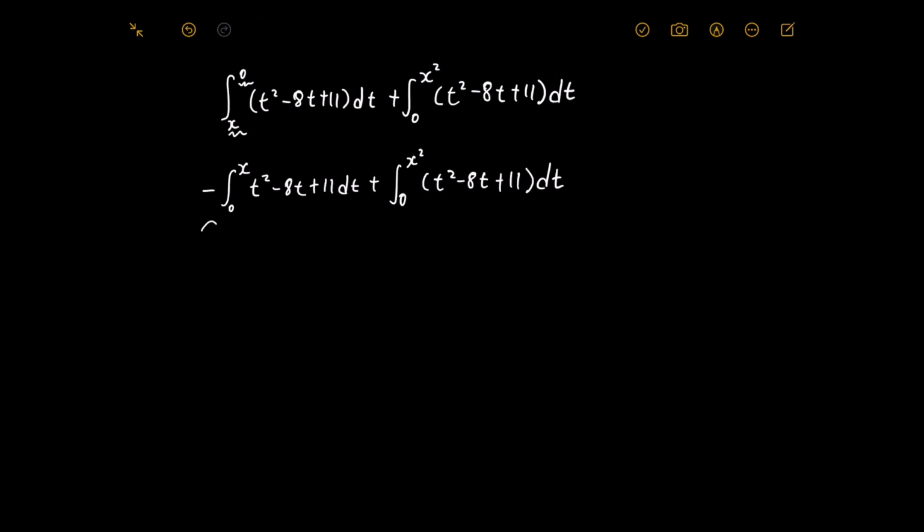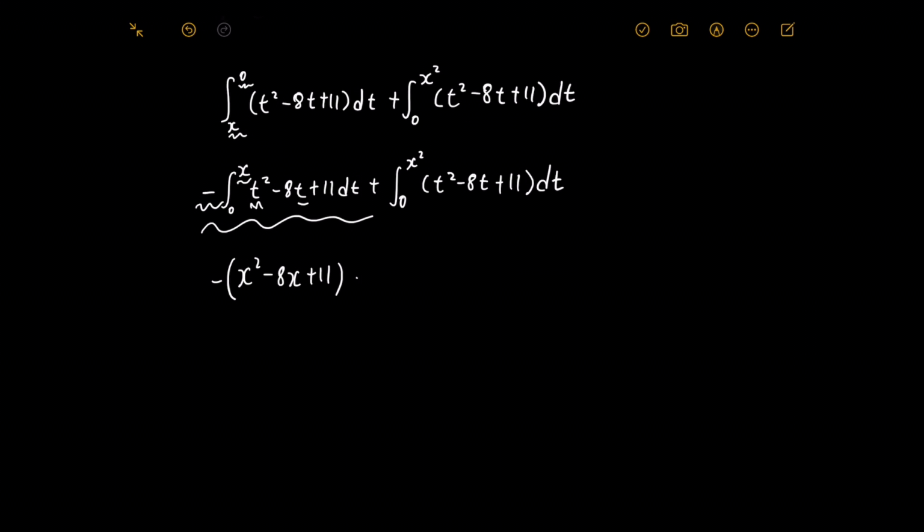Just as before, for these parts, we can simply replace the t with x. That is x squared minus 8x plus 11. But we have a negative sign here, so we have to multiply by a negative sign. And simply here, it's the same. So it is x to the 4th power minus 8x squared plus 11.